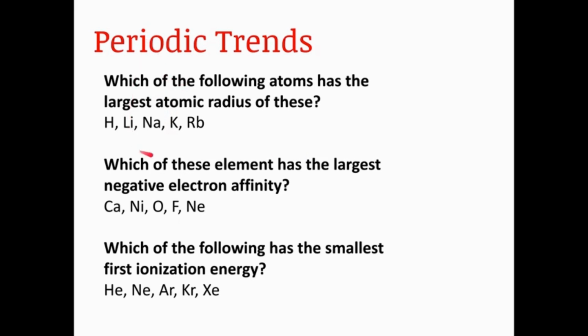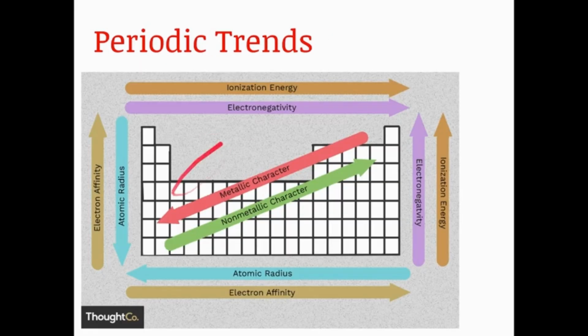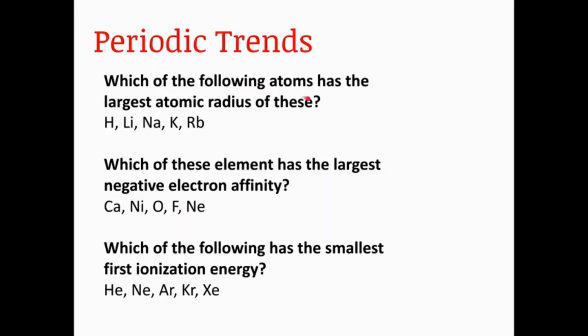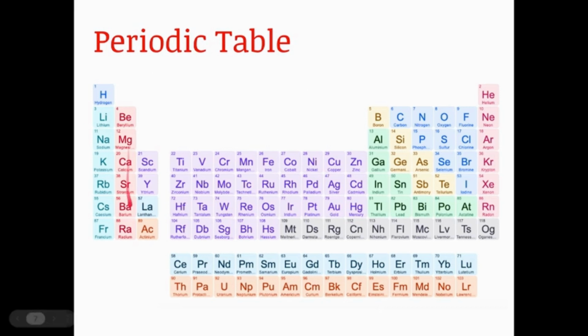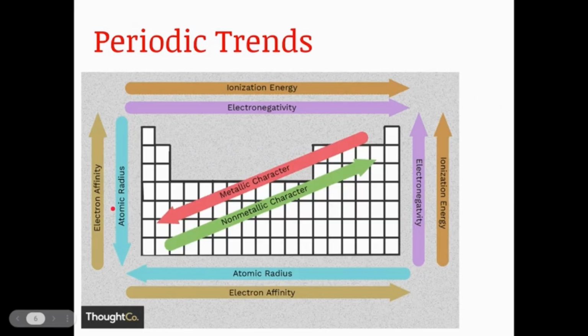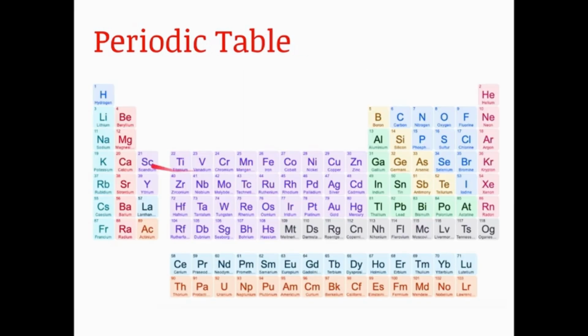Alright, so now we're going to go to periodic trends, which we're going to use with this chart over here. So which of these atoms has the largest atomic radius? It's hydrogen, lithium, sodium, potassium, and rubidium. So as you can see, they're all in the same group, meaning the same column, right? So that means they're all equal amount left.